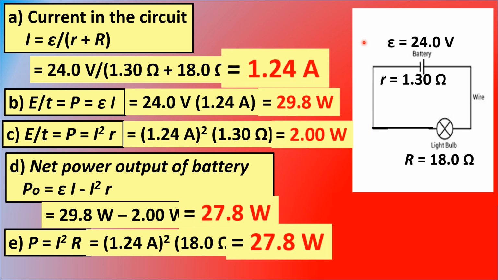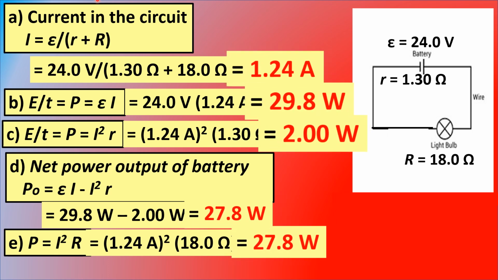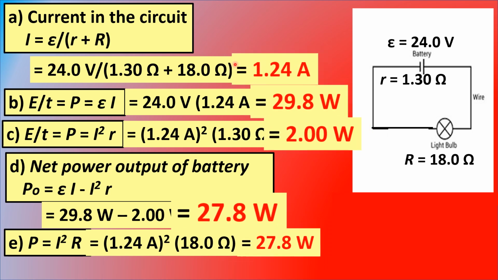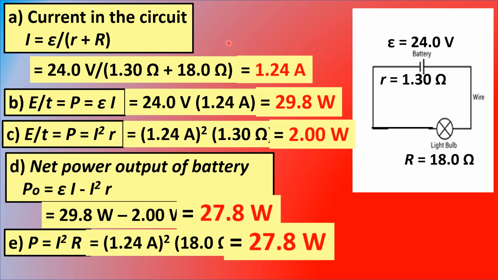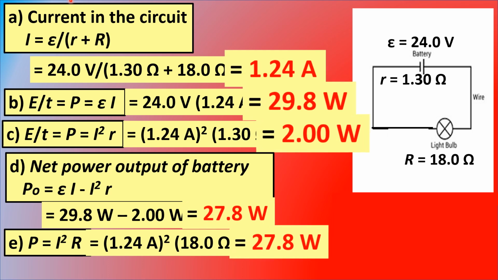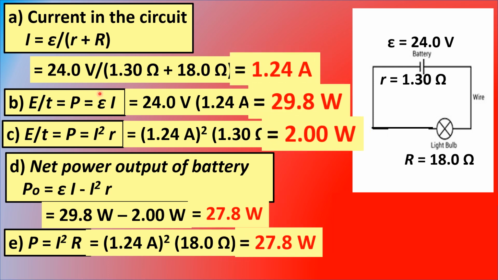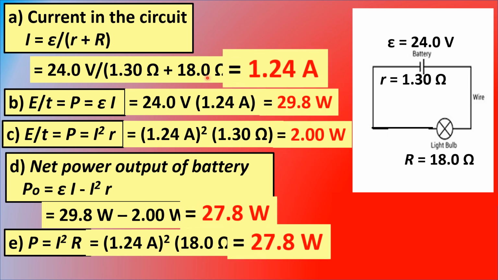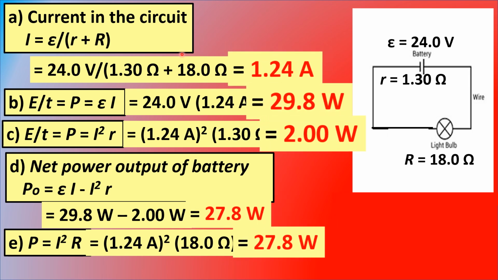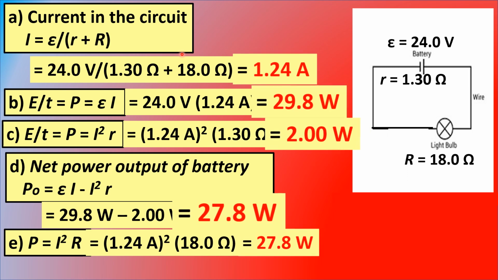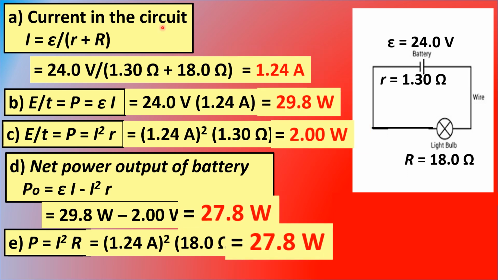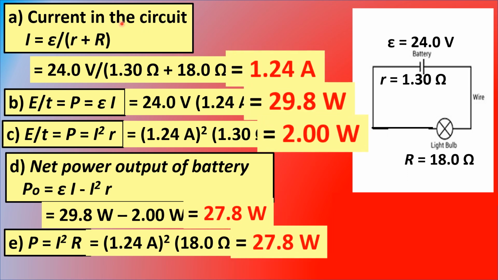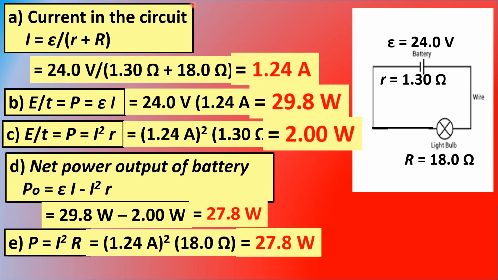That's exactly the same value as the net power output of the battery. It's like saying that the net power output of the battery will all be dissipated in the form of heat or thermal energy as well as light energy by no less than the light bulb.